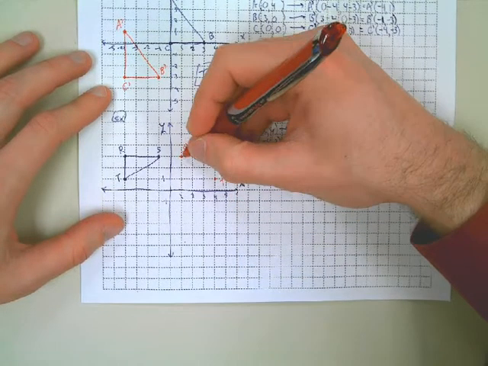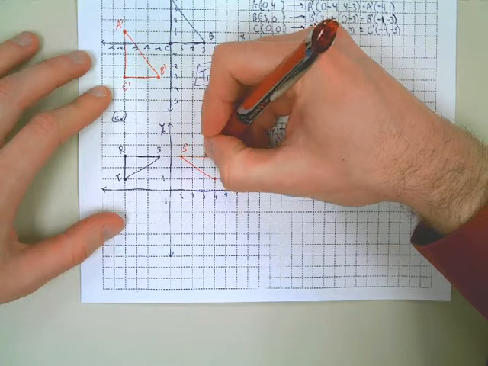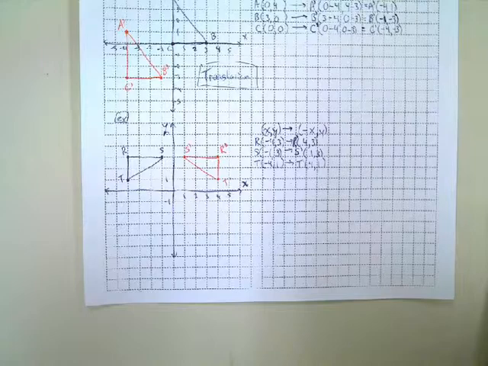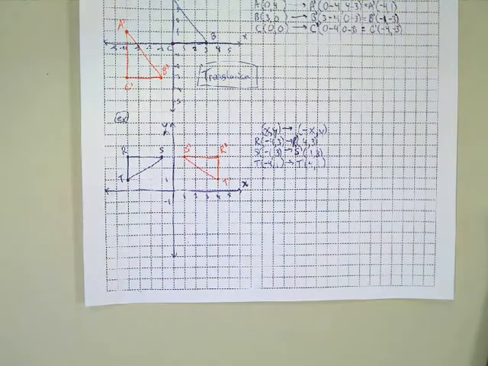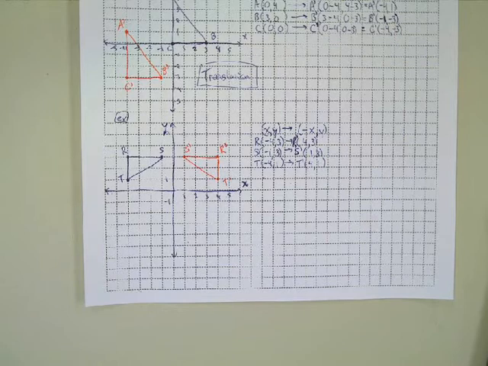So someone will raise their hand and tell me what kind of transformation this is. Blake. It's a reflection. Okay, can you be more specific? When you reflect, you normally reflect over something, right? So Blake, the y-axis, exactly right. It's a reflection over the y-axis, or you could say it's the line x = 0.